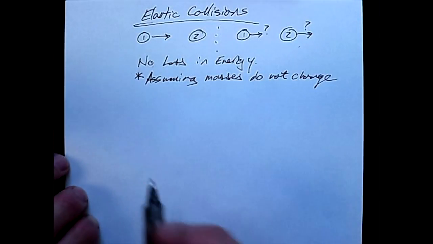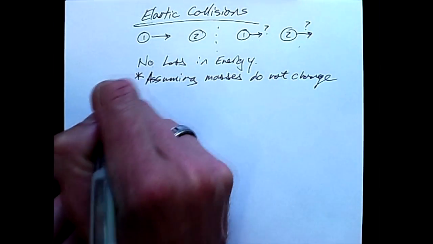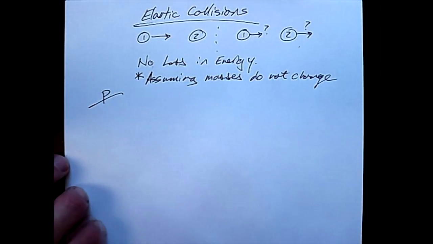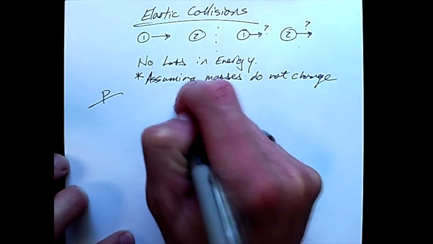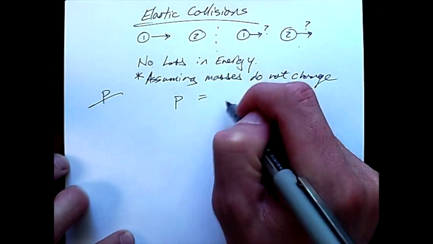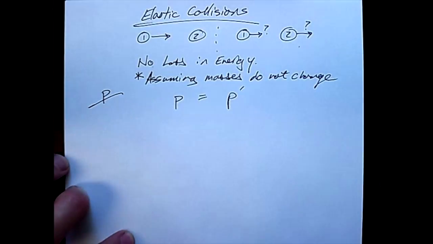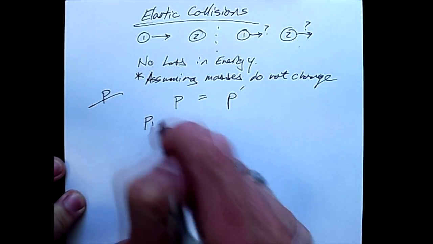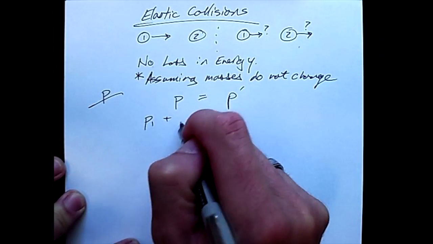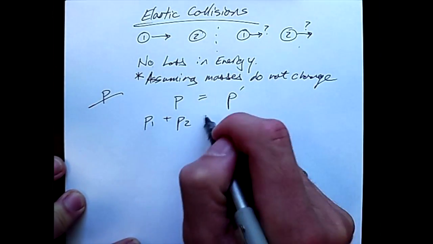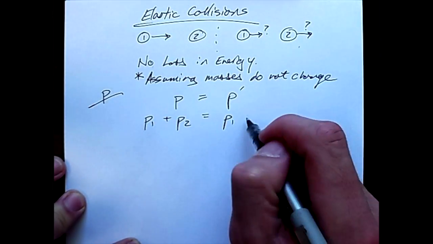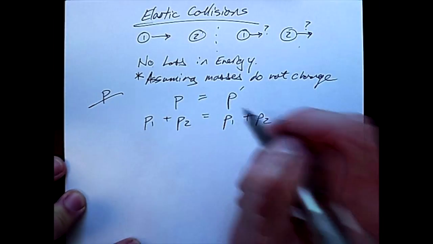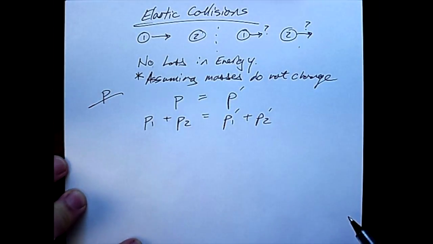So the first one should be fairly familiar. That's to look at it from a momentum perspective. As we've seen before, the momentum of a system must be equal to the momentum of the system afterwards. And when we break these down, this is the momentum of ball 1 plus the momentum of ball 2 equal to the momentum of ball 1 plus the momentum of ball 2 after their interaction.